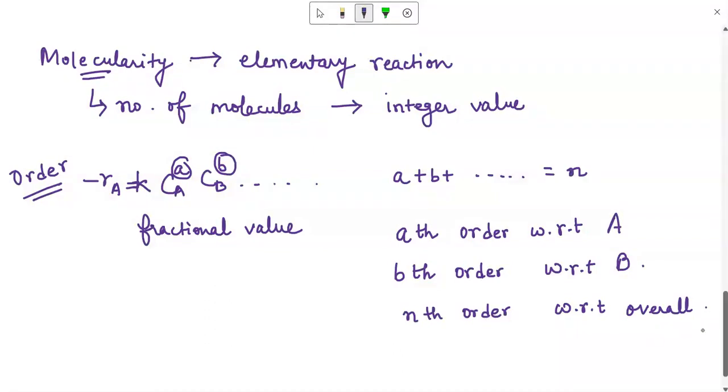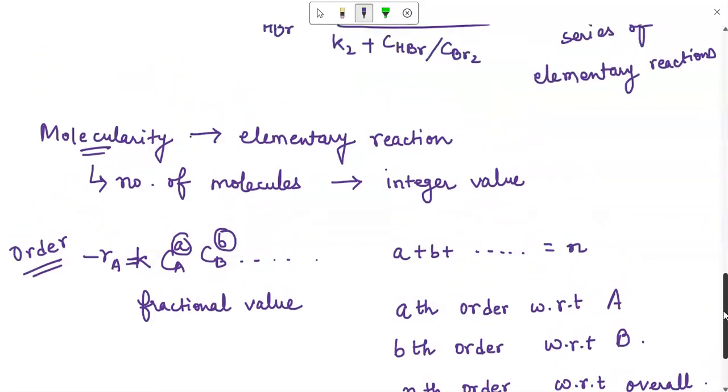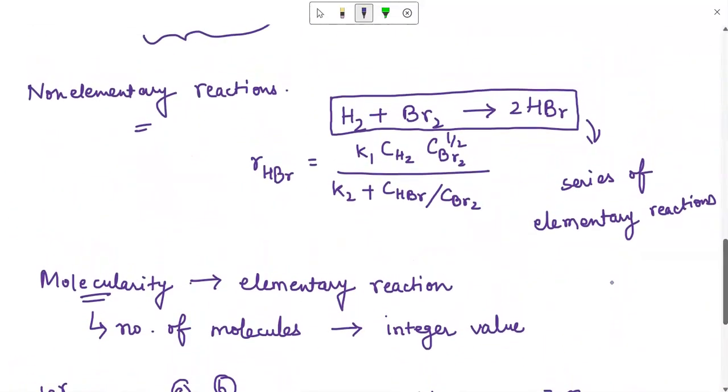Now you would ask, say we come back to this example of a non-elementary reaction where we were using this expression for the rate equation. So can we find the overall order for this type of expression?